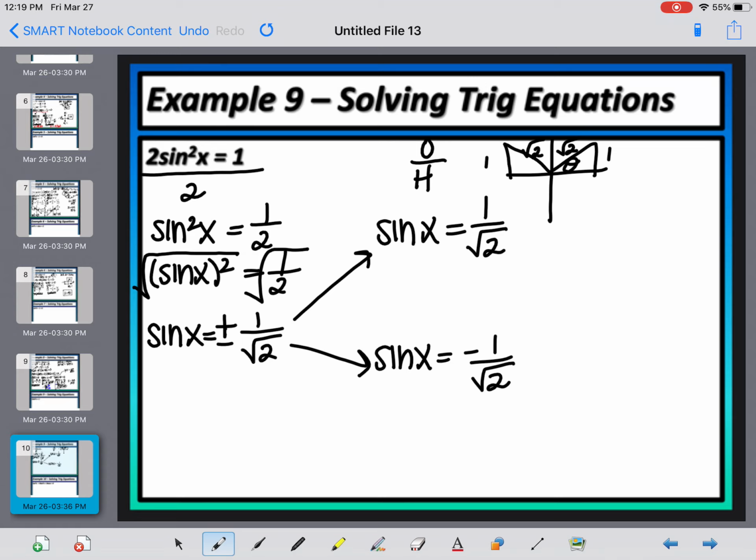Okay, a hypotenuse of root 2 is going to be a 45, 45, 90. So my reference here is 45, which makes this 45, and 180 minus 45, 135.